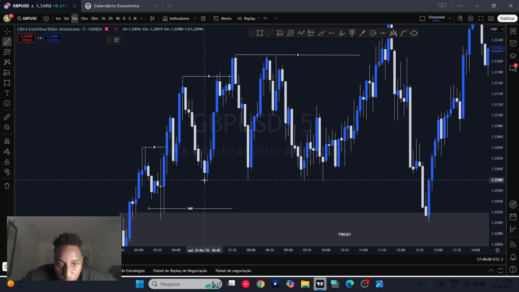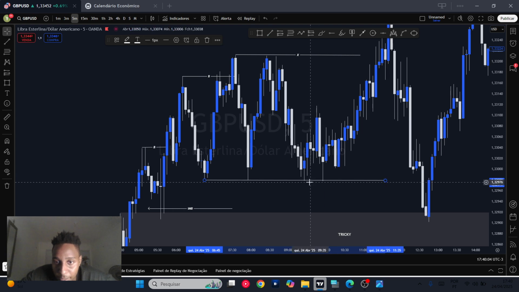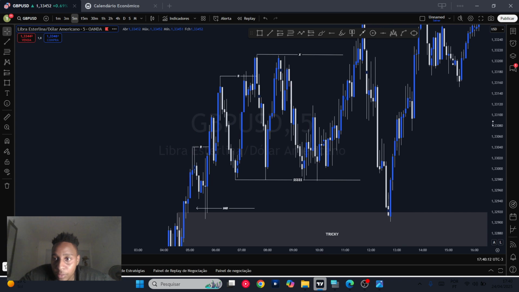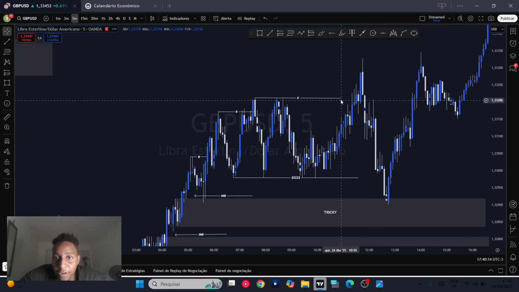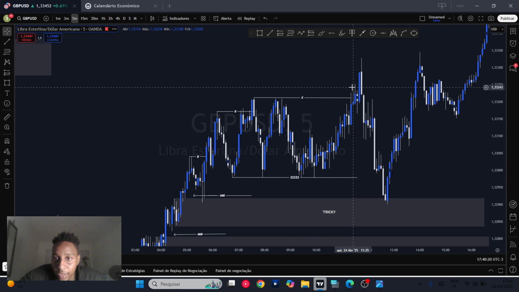Look at the low. Price didn't break this low. So this was not a change of character. This was just liquidity. So let's mark down liquidity. And then what did price do? Price first came and took the highs, creating a break of structure, right?